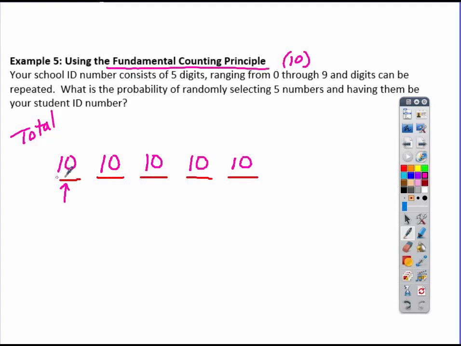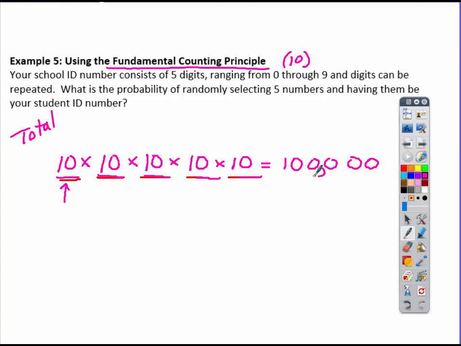If I have 10 here, and here, here, here, and here, I just multiply the number of options for each place. Oops, missing a digit. 100,000, all right? There's 100,000 different values that are possible for making these randomly selected 0 to 9 digits and getting 5 of those.